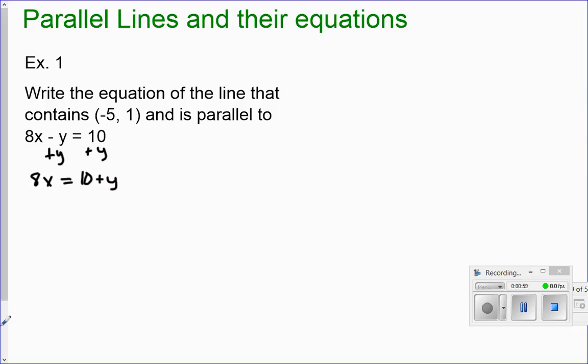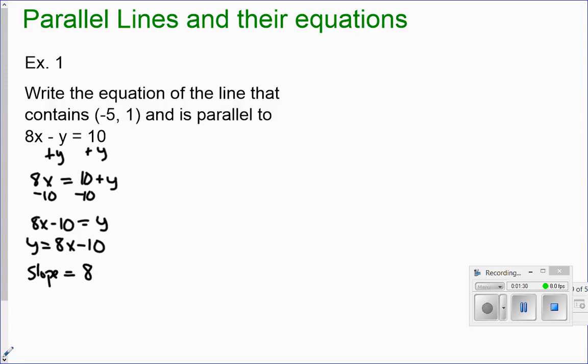So now I want it to be y equals, so I'm going to go ahead and subtract 10 from each side, and I have 8x minus 10 is equal to y, or I could rewrite that as y equals 8x minus 10. So having done that, I can see that the slope is 8 because of the 8x.